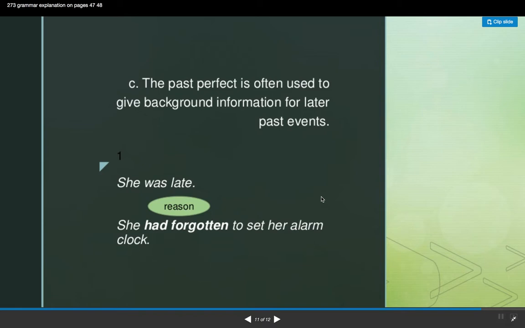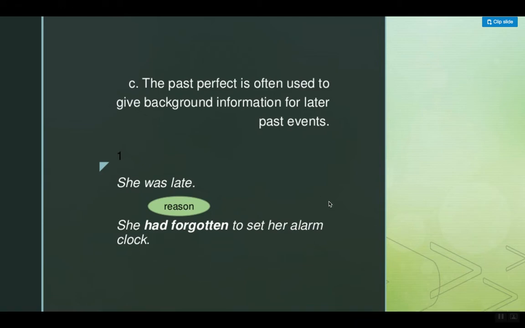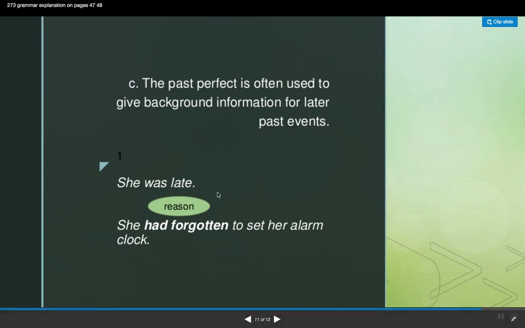The past perfect is often used to give background information for later past events. She was late. She had forgotten to set her alarm clock. I'm using the past perfect to explain the reason for this thing that happened in the past.